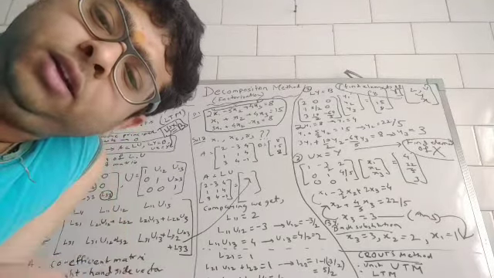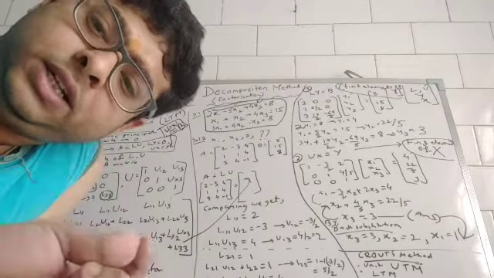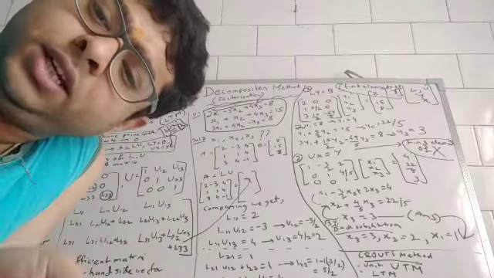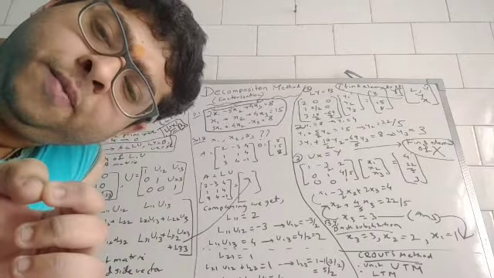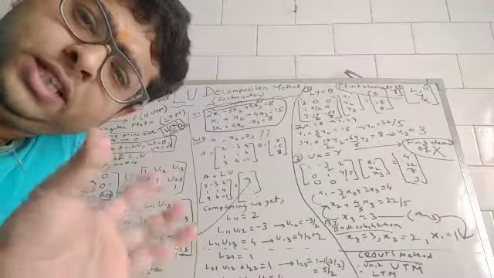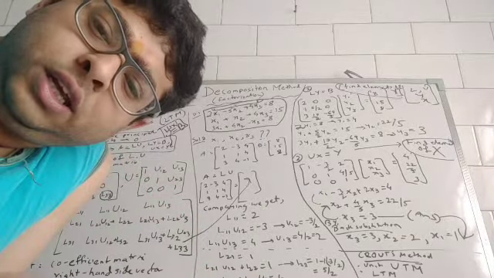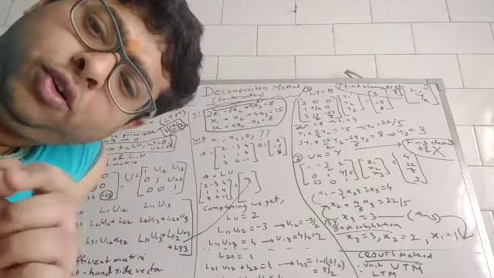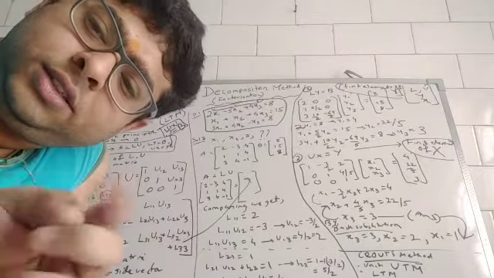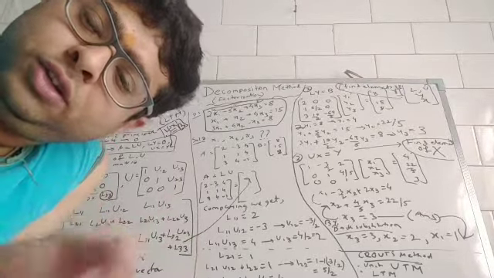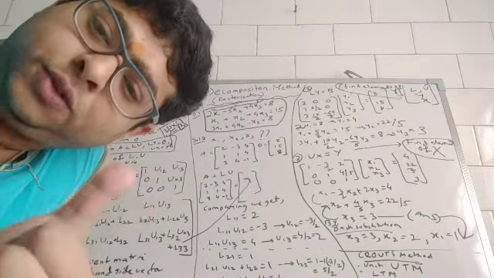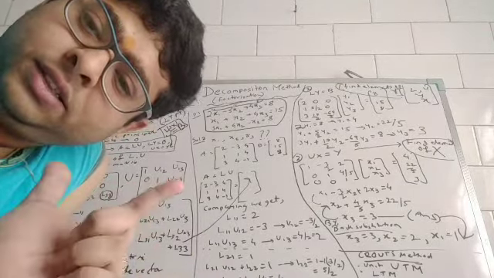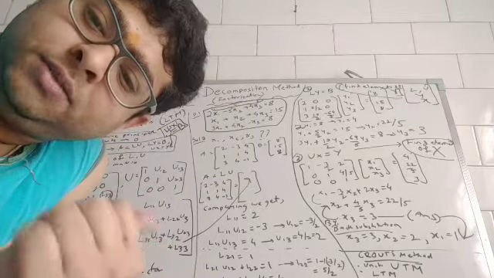Today we will be learning a direct method known as the LU decomposition method, or sometimes called the factorization method. Now to know about this method, first of all we need to know who is the captain of this method. There is a captain of every team, right? So who is the captain here? The matrix. So matrix is the captain of this method.